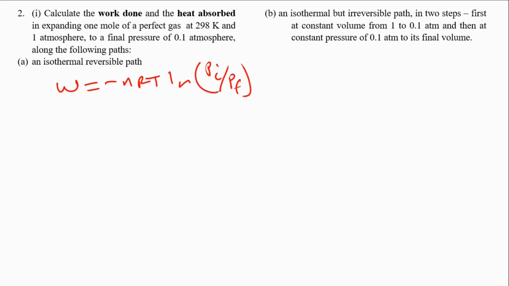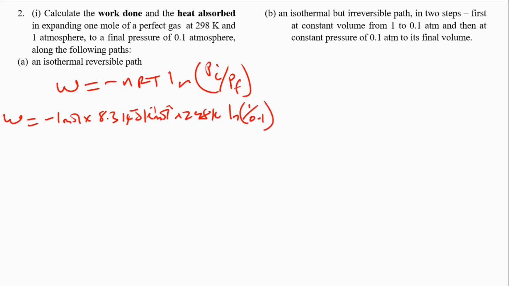And let's plug our values in. It's 1 mole times 8.314 joule per Kelvin per mole times 298 Kelvin, natural log of the initial pressure, which is 1, over the final pressure, which is 0.1. I don't have to convert the pressure values to pascals because we have a ratio inside here.